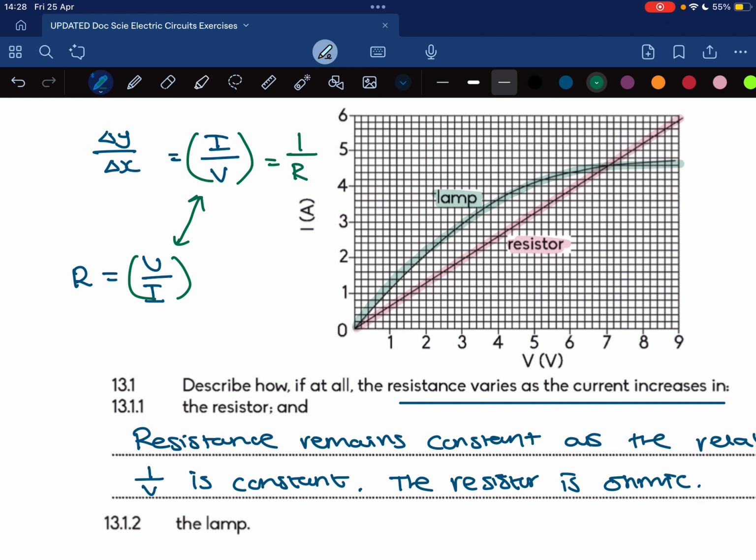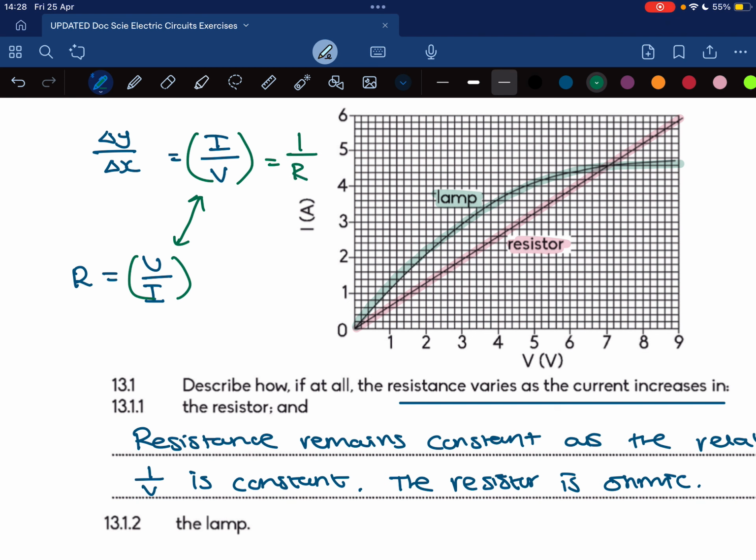So the resistance increases for the lamp as the relationship of I over V is not constant. We're looking at how the resistance is changing. So the lamp here is non-ohmic.